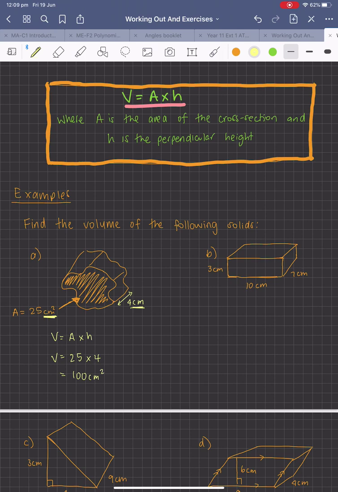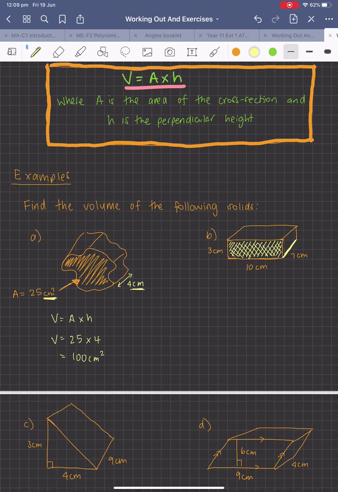Okay, in the second example, I need to find the area of the cross section. So the area of the consistent cross section, and then multiply by how many layers I have. So the first thing I need to ask myself is, what shape is my cross section? Well, it's a rectangle.